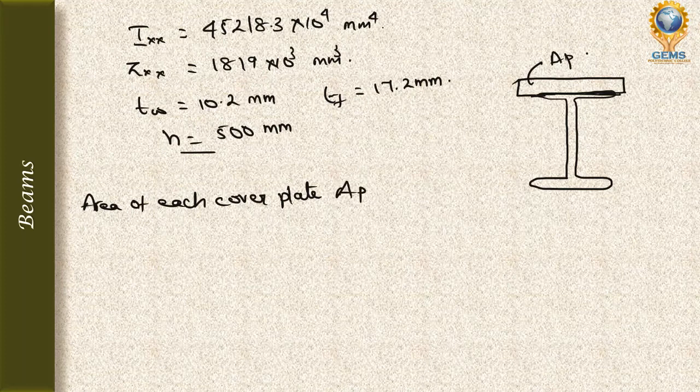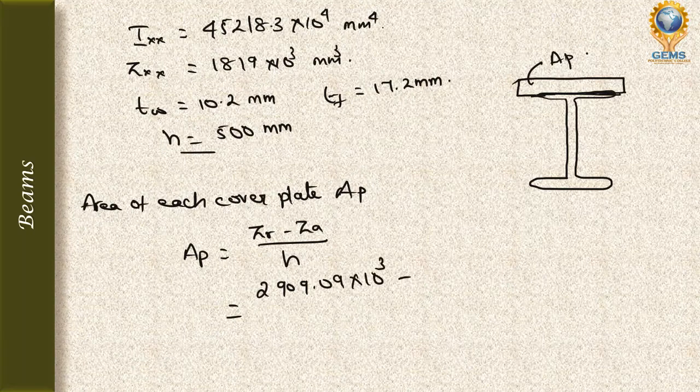AP. So how can we find the AP? The AP formula is ZR minus ZA divided by height. So ZR we found out as 2909.09 into 10 to the power 3, minus Z available, which is 1819 into 10 to the power 3, divided by 500.